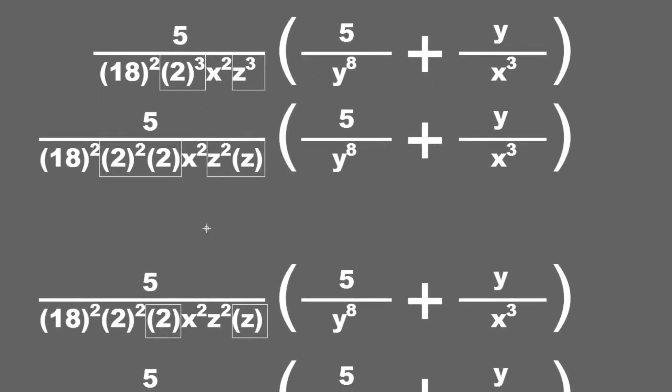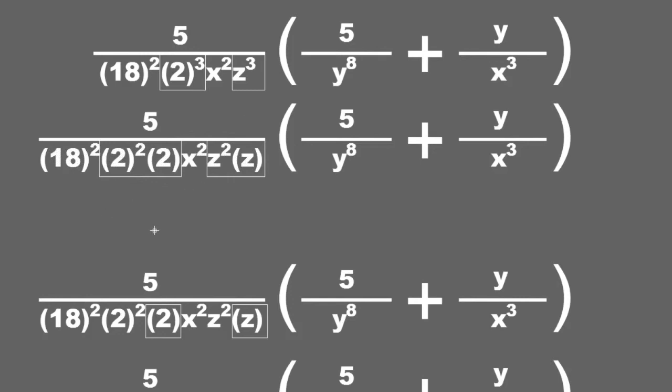So what I'm gonna do now is rewrite 2 cubed and c cubed. These two I'm gonna rewrite as 2 squared times 2. 2 squared times 2 is the same thing as 2 cubed. And c squared times c, again, is the same thing.